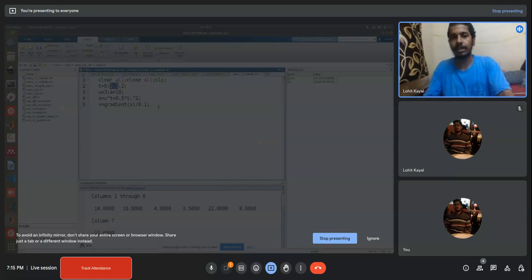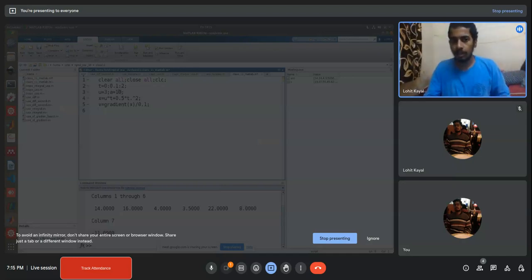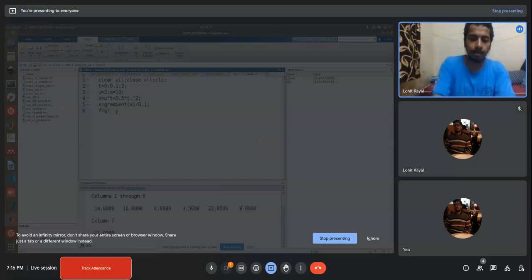Now if I again find the derivative of v, dv dt, it will give me acceleration, and we know that acceleration should be 10. So let's verify that. Acceleration, maybe this is f equal to gradient of v divided by 0.1. In principle, it should give me a constant acceleration at all times, because this is how the problem is built.